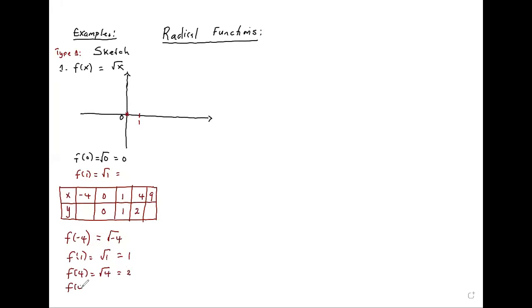Then f of 9 is the root of 9. Root of 9 is 3. So we have 3 here. So let's see how we fit them. That is 1, 4, 9. So 1, 1 here, 4, 2 here, 9, 3 here. So this graph is going to go like this, like this.